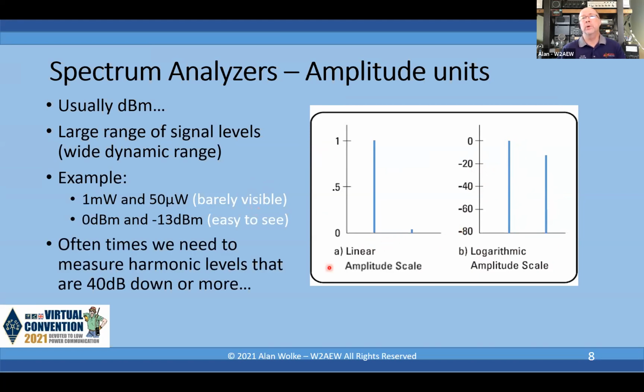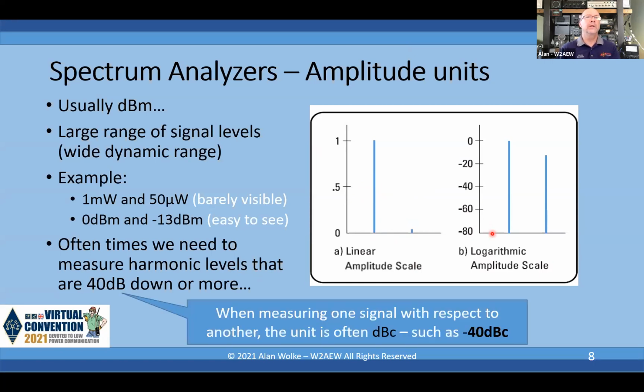Now, oftentimes if we're building a transmitter, we want to ensure that our harmonic generation or our spurious generation from the transmitter is 40 dB or more lower than the output power. Well, we wouldn't be able to see that on a linear scale. A factor of 40 dB is a factor of 10,000 further down. You just wouldn't be able to see that on a linear scale, so you really have to use that logarithmic scale.